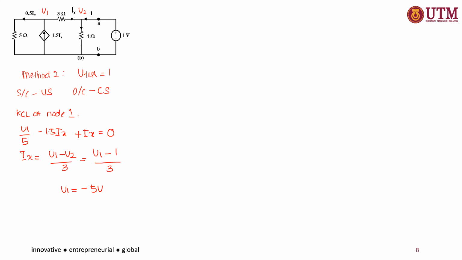Okay, and then at this node 2, KCL at node 2, you will get negative Ix plus V2 divided by 4 minus I naught, which is your I naught in this direction, equal to 0.